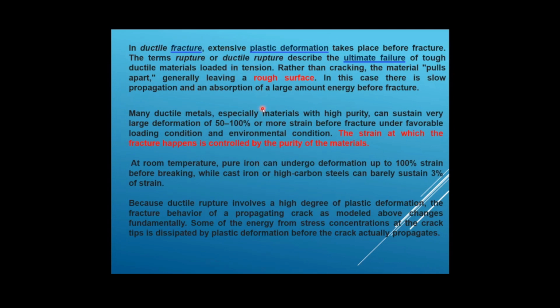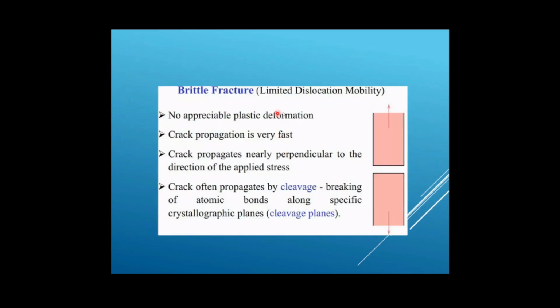So in ductile fracture, extensive plastic deformation takes place before fracture, but in case of brittle fracture, there is very little plastic deformation and fracture occurs directly. This is the example of brittle fracture, that is limited dislocation mobility.